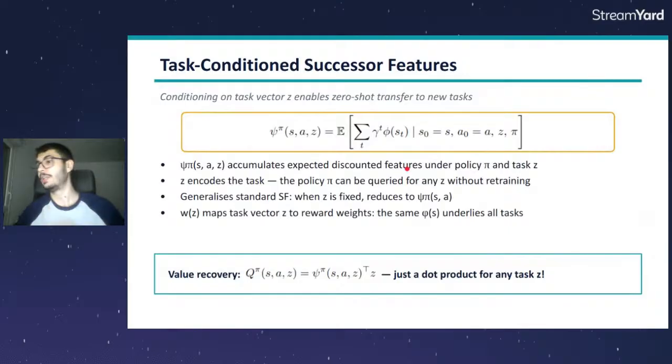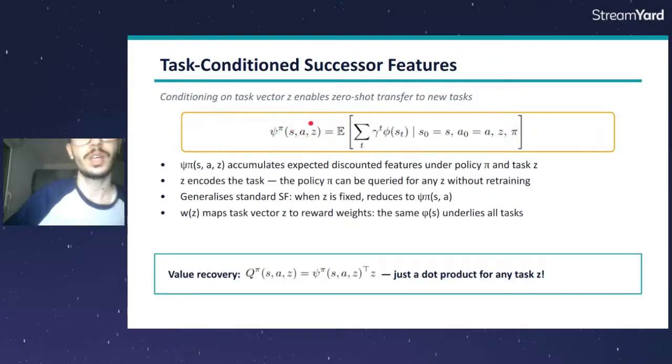All right, now in more recent works, we train a successor feature that is conditioned on three quantities: the state, the action, and a certain vector Z, which represents the task that we are trying to solve. So this quantity represents the discounted sum of future state features, supposing that we start from state S, do action A, and follow the policy π to solve the task Z. It's a very rich representation of the future.